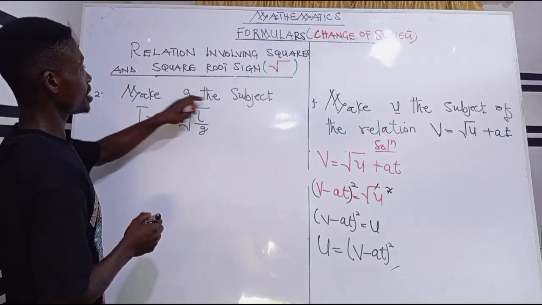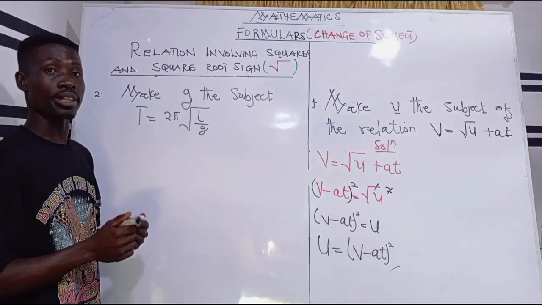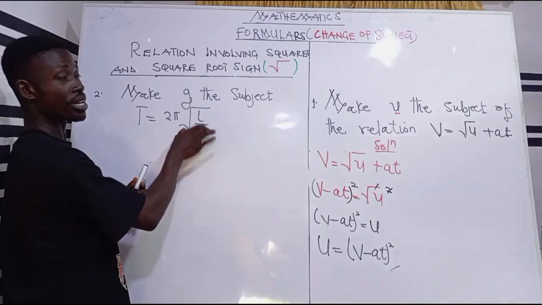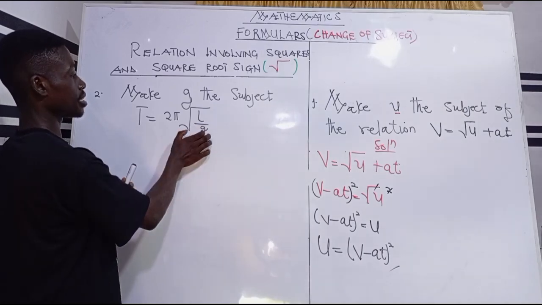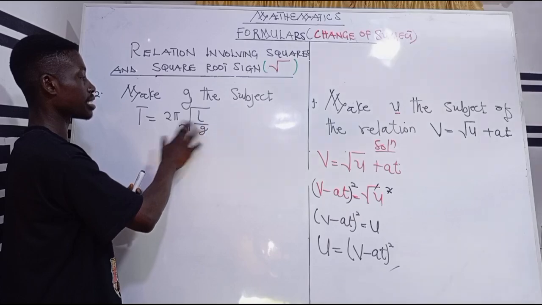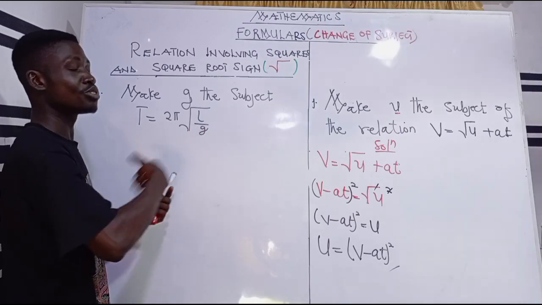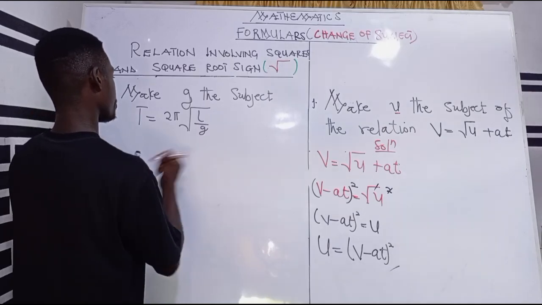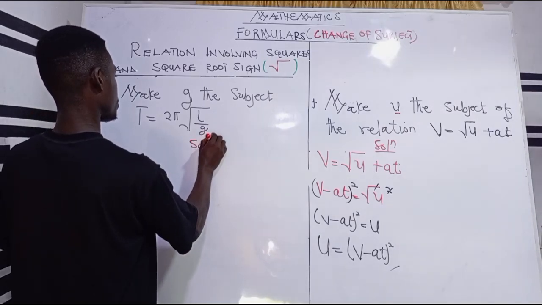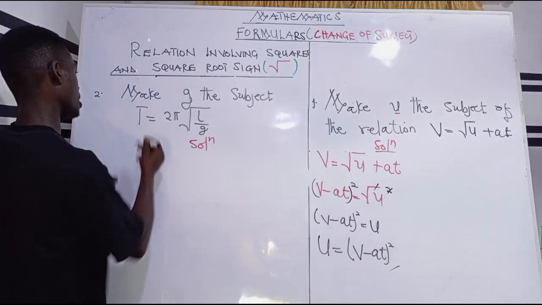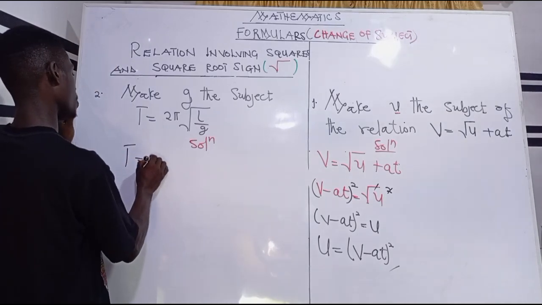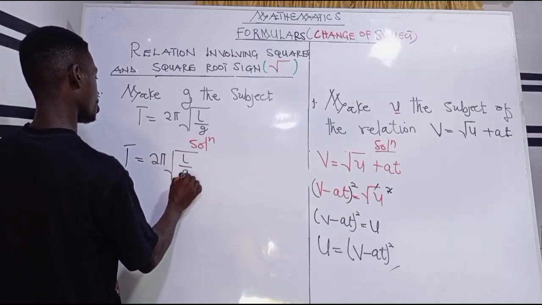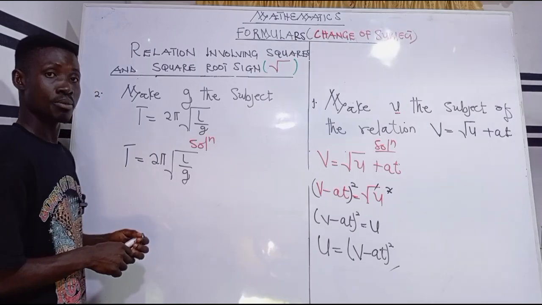We have to make G the subject of this formula or this equation. But you realize that the variable we intend to make the subject involves a square root or is under the radical sign. Okay, so we are going to apply the earlier concept that we have learned. So let's start. So let's write our question. We have t is equal to 2 pi multiplying square root of L over G.